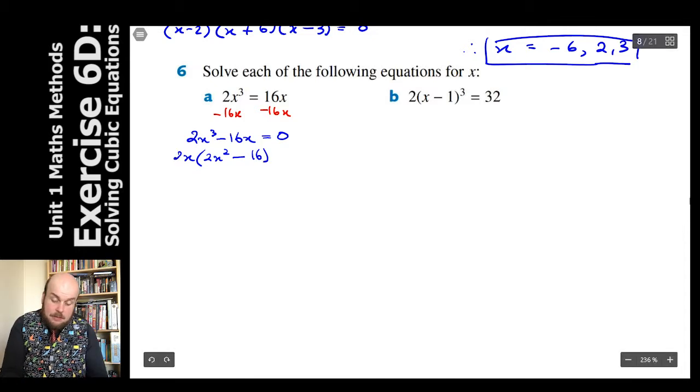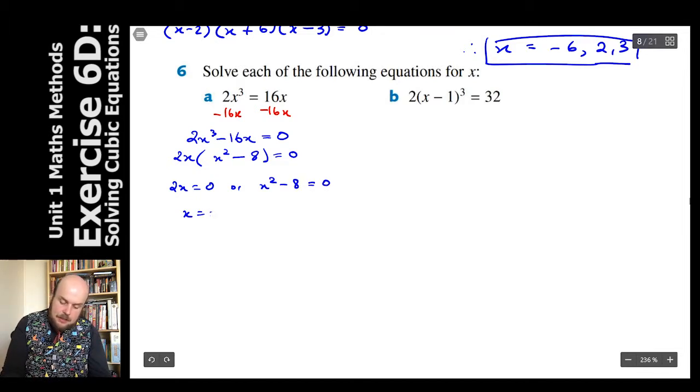In fact, actually, silly me, why not take a factor of 2x out, and then that can become x squared minus 8 equals 0. And there we go, because we've got the 2 out there, we divided that by 8, so that becomes either 2x equals 0, or x squared minus 8 equals 0. So we've got either x equals 0 or x squared equals 8.